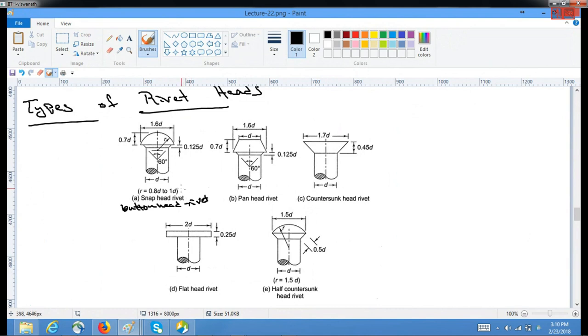And it is used generally in boilers, pressure vessels, etc. The next type is called pan head rivet, and it is sometimes called as cone head rivet. And this is mainly used in boilers and ship hulls.